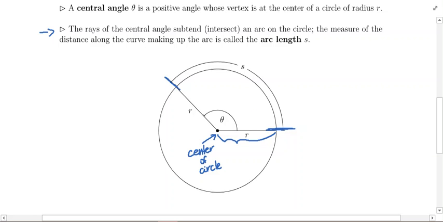If you trace the curve along the circle between those two intersection points, it traces out a little path on the circle.